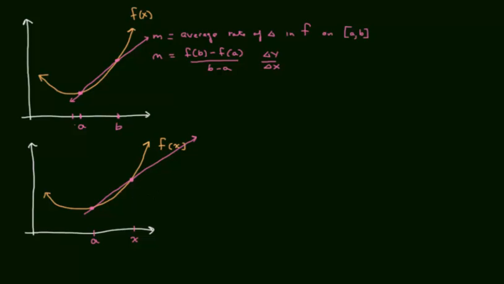And again, that is a secant line. Here we would say m equals f of x minus f of a all over x minus a. That's if x is allowed to vary and not fixed as it is in the first illustration. Okay, again, that is the secant line.